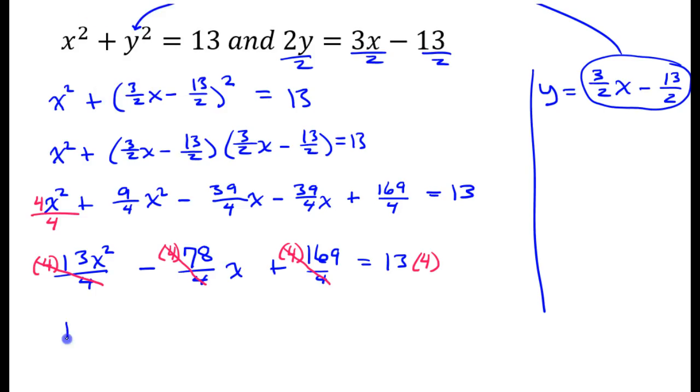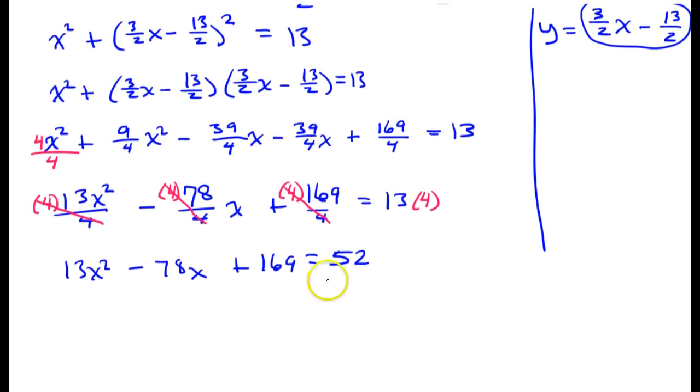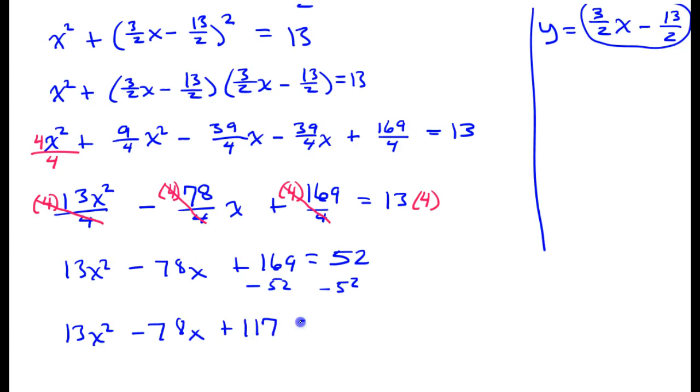So then I will be left with 13x squared minus 78x plus 169 is equal to 52. And then I need to subtract 52 from both sides. So that's going to give me 13x squared minus 78x plus 117 is equal to 0.